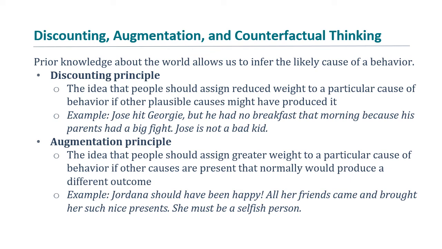But here we're looking at Jordana should have been happy. All her friends brought her presents. Typically, consensus says that when people bring us presents, we're happy. And so she's acting outside of consensus. So there's low consensus in her behavior.